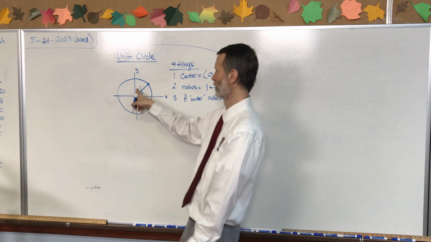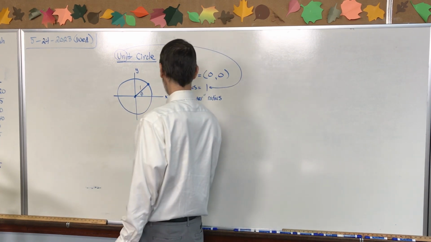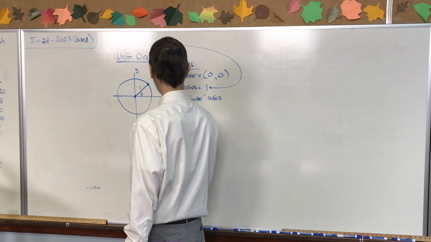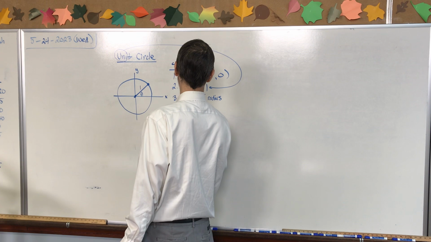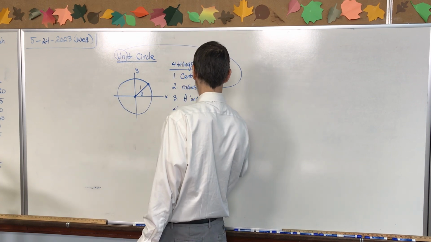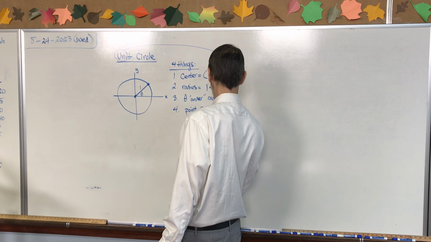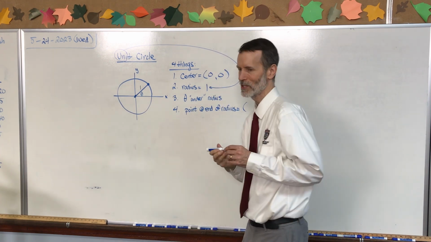So don't put it above the radius, put it below. And last but not least, the point at the end of the radius is equal to something comma something kind of mysterious.